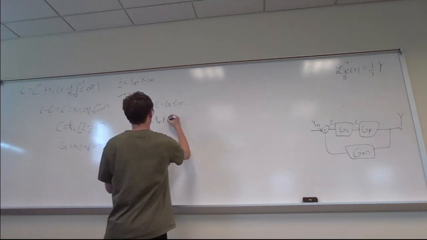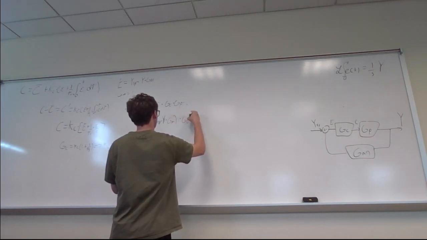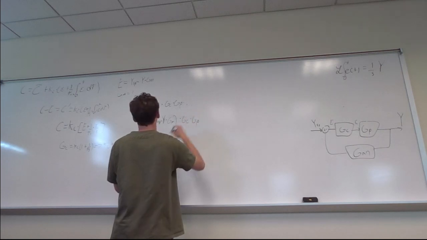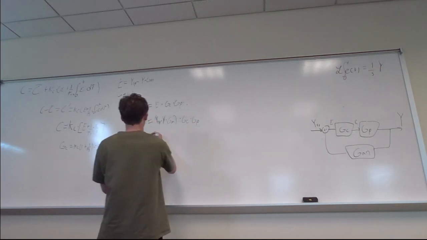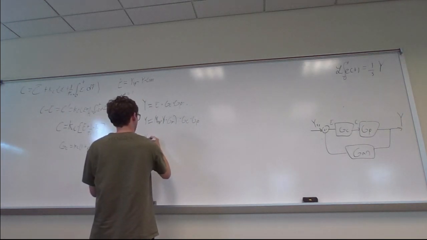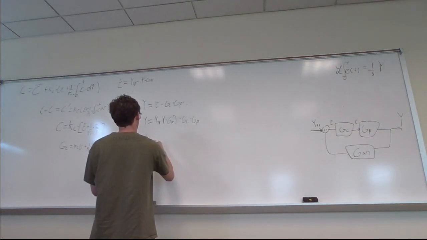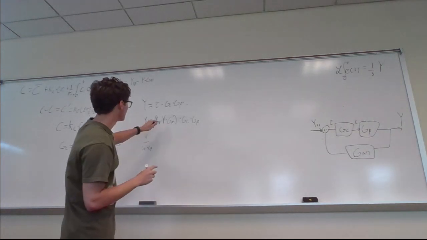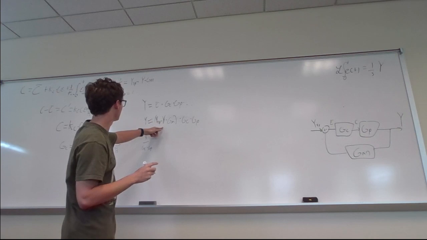So Y to GM times GC times GP, right? So we're going to get that over. Y over GC times GP. Because what we're going to do, we're going to solve for Y. Wait a second.